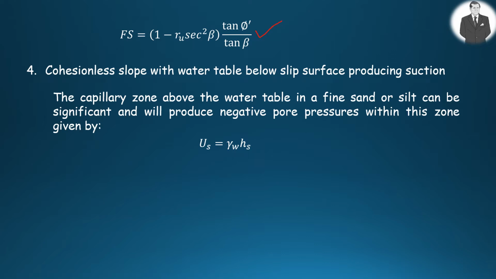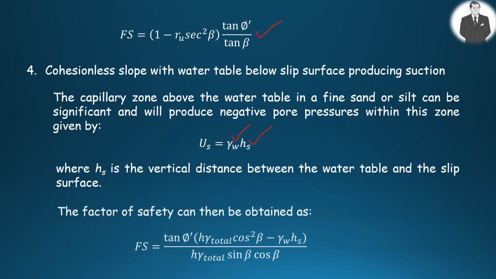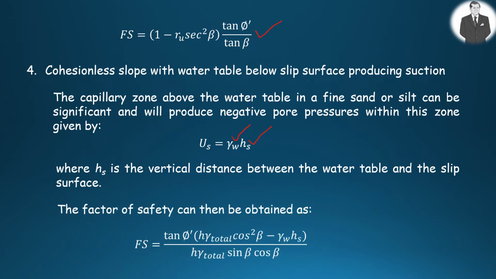And the pore pressure in this location can be obtained by the unit weight of water times hs. Hs is the distance between the slip surface and the water table. The factor of safety in this case can be obtained using the equation given here.